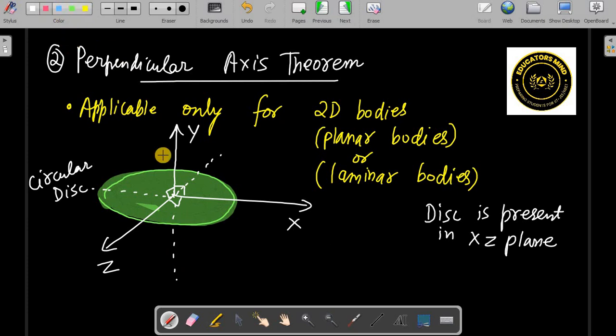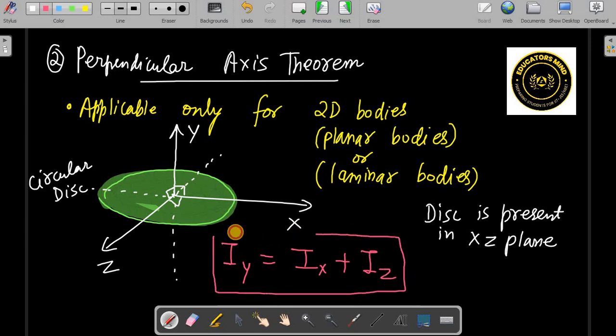So moment of inertia about y-axis is equal to moment of inertia about x-axis plus moment of inertia about z-axis. Okay, so try to understand this concept. Do not confuse with the symbols x, y, z. That's not the idea.